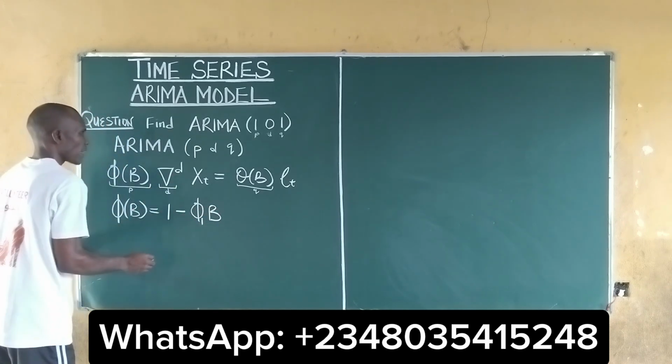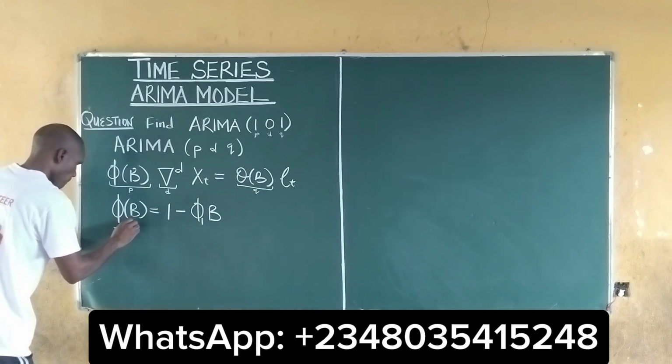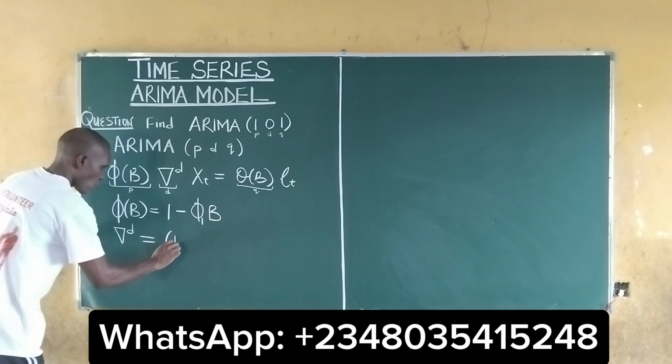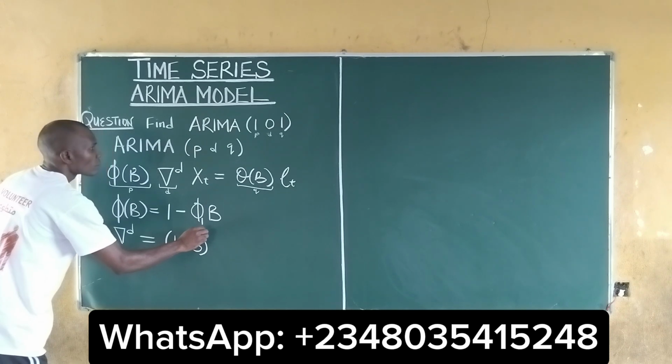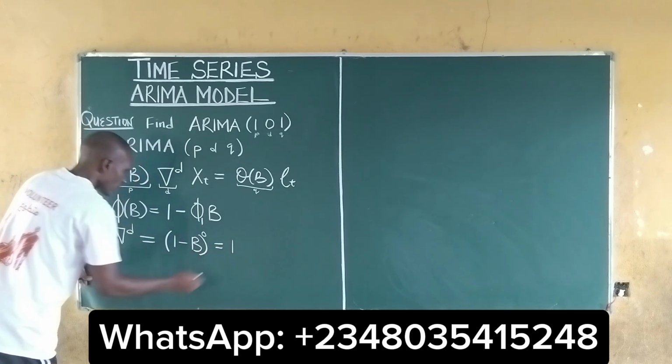Then for the differencing part, we have 0, which is our degree of difference, 1 minus B raised to the power of 0, so we put 0 here, which is equal to 1.